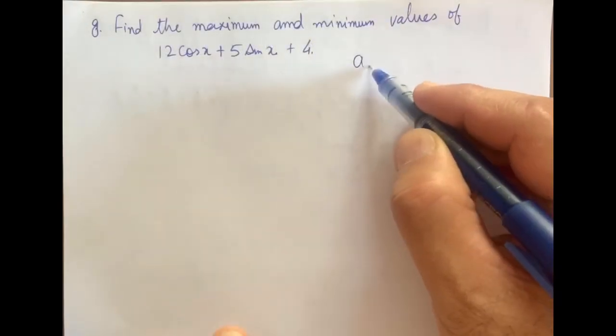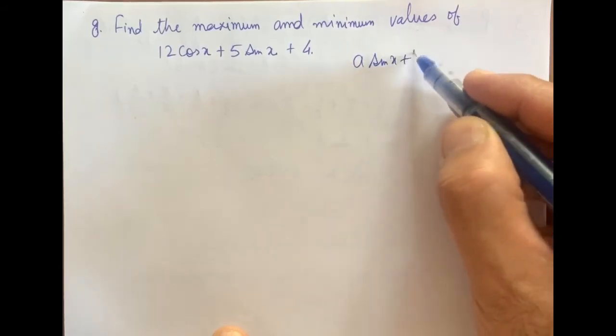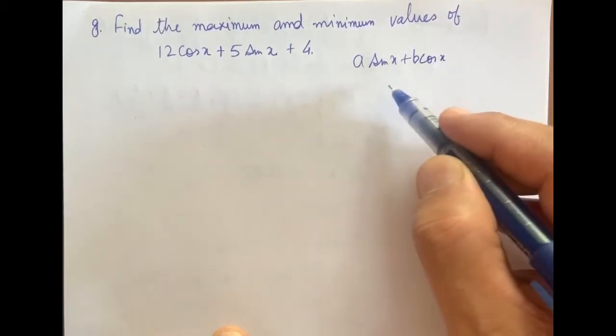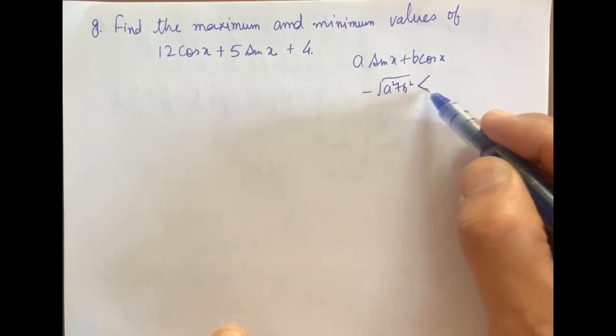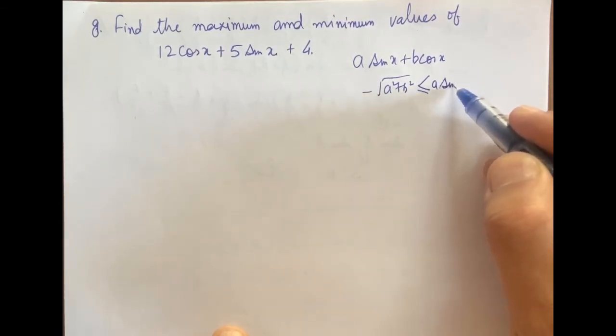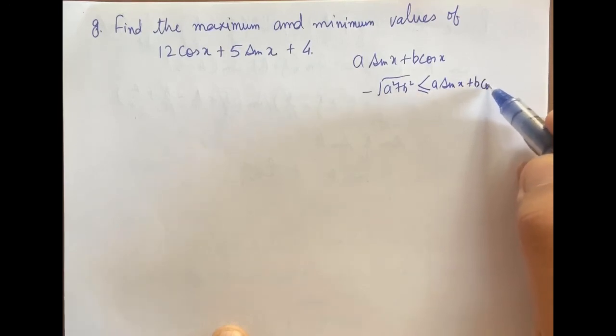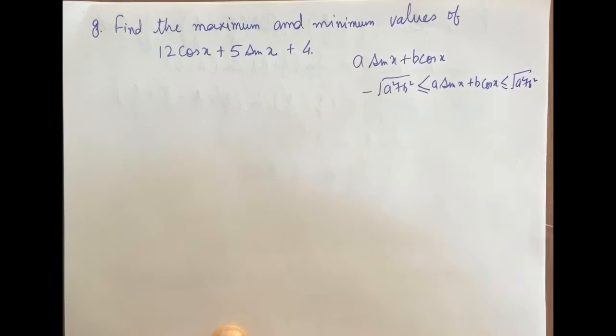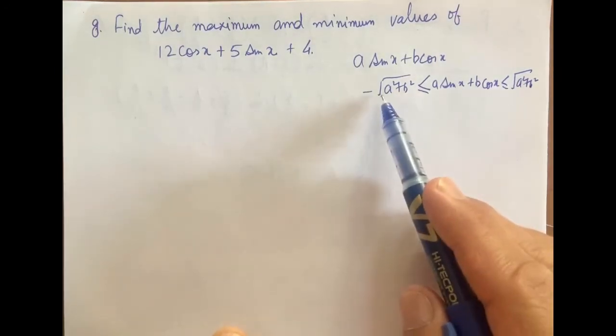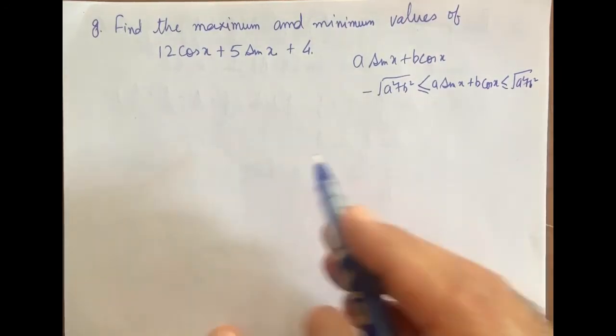For the expression a sin x plus b cos x, we know that minus root of a square plus b square is less than or equal to a sin x plus b cos x, which is less than or equal to root of a square plus b square. That is, this expression has a minimum value of this and a maximum value of this.